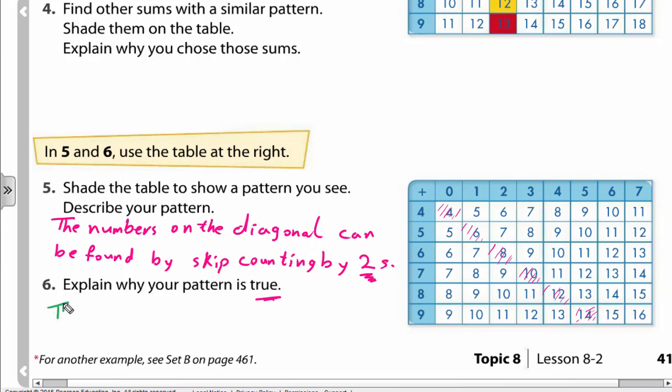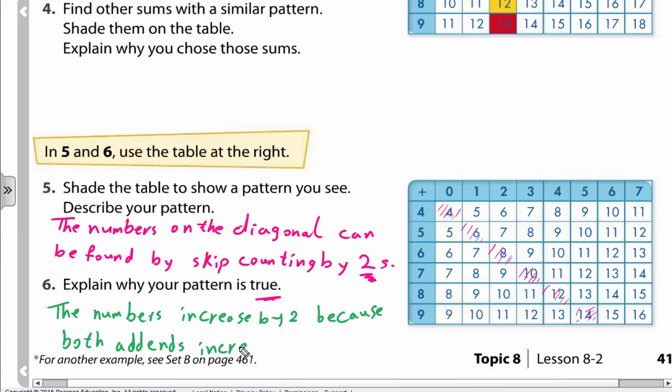Okay, my heroes, let's try this answer. The numbers, or the addends, okay, the numbers increase by 2 because each of the addends increase by 1, or both addends increase by 1.